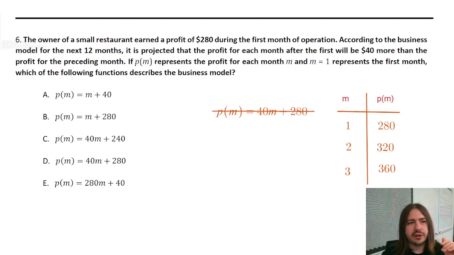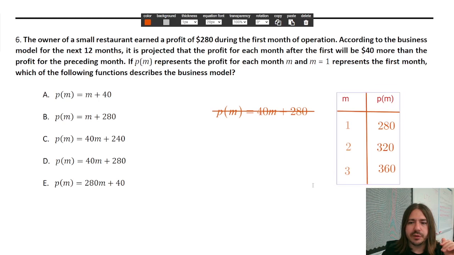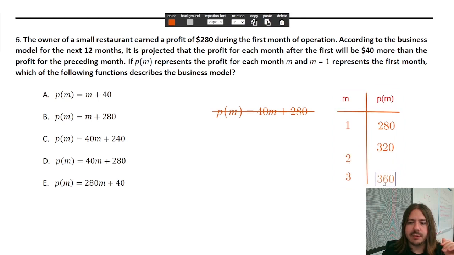So what we can do here is work backwards in the table to figure out what that y-intercept, or what that 0 value, really should be. So I'm going to move this stuff down and give myself space, put m equals 0, and just work backwards in the table. I think that the table can really help get your mind around it.